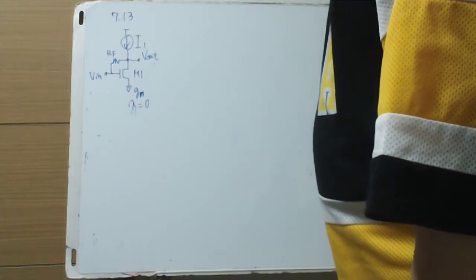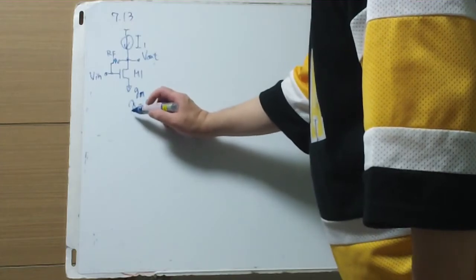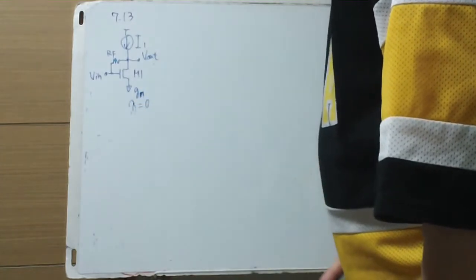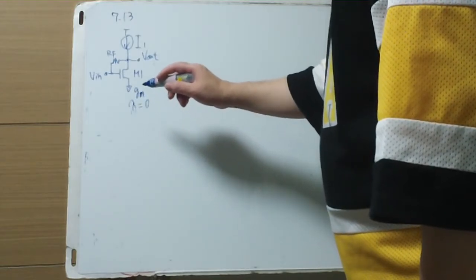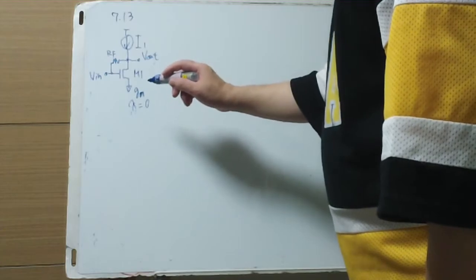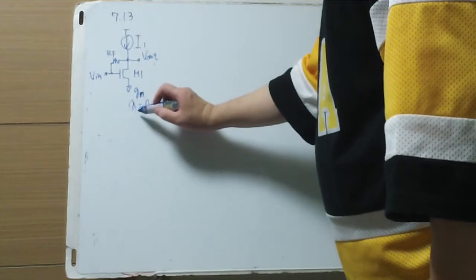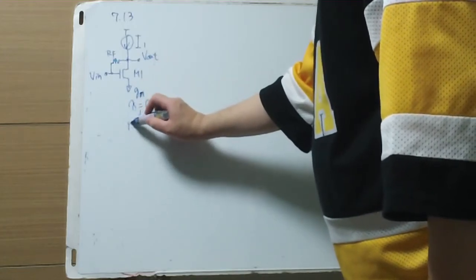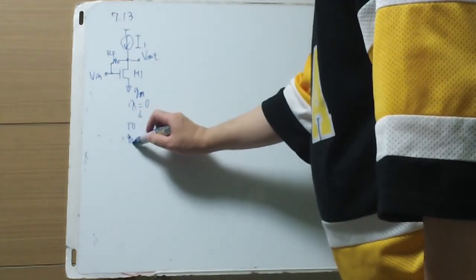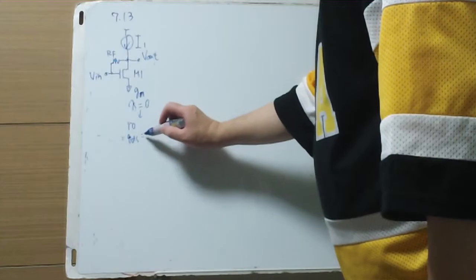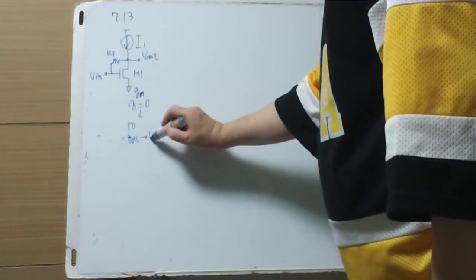Lambda is the channel length modulation coefficient, or back bias coefficient, or substrate effect coefficient, which means R out, or gds, of M1 is almost going to infinity.